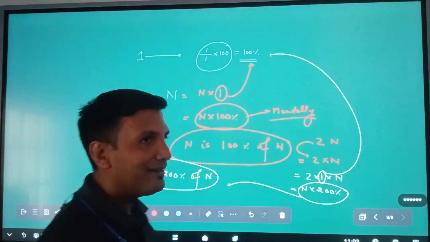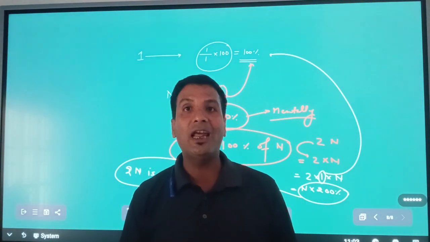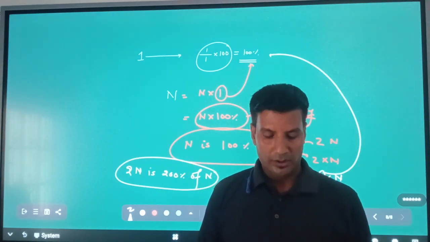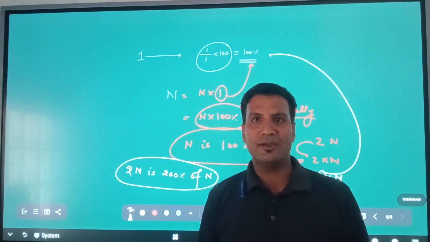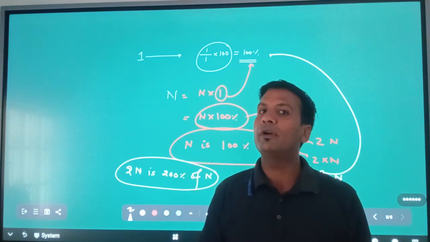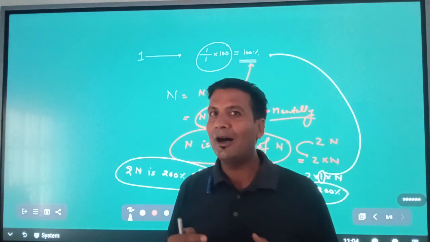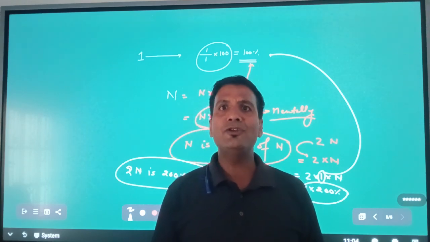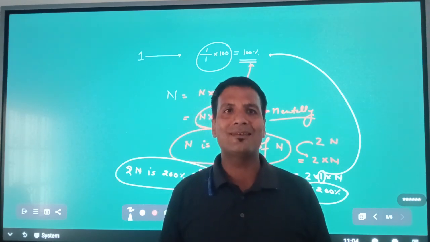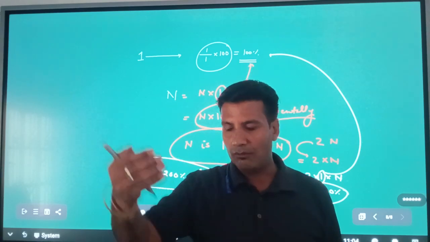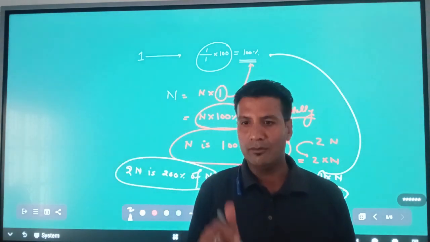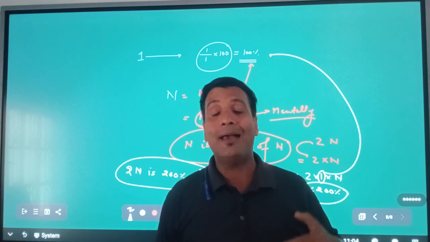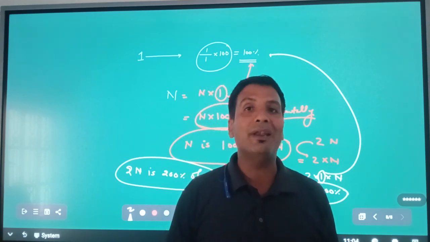Because percentage has its application in profit and loss, discount, simple interest and compound interest. This whole part constitutes the commercial mathematics, and it is a part of mental math also. Why? Because there is no need to write more things as we do in our theoretical paper of mathematics. We have to write step by step, but in this section, whenever we have some MCQ, we can do it mentally.